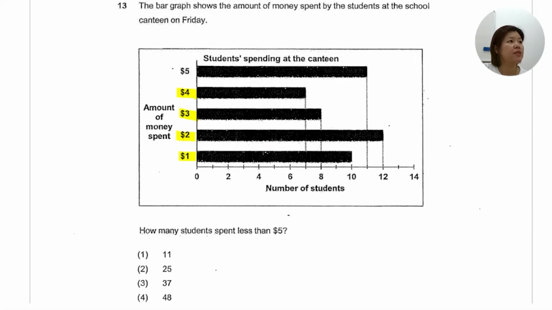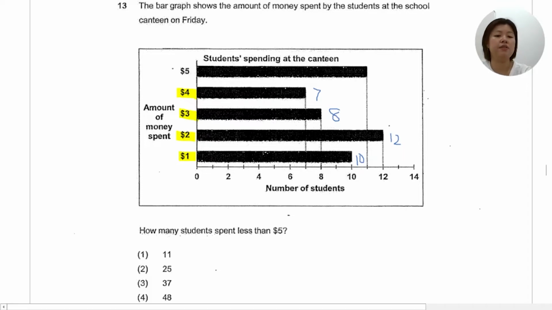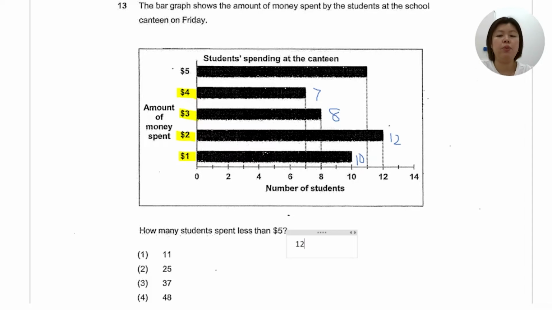So from here you can see that $4 is 7 students, $3 is 8, $2 is 12, and $1 is 10. So you can add them. 12 plus 10 plus 7 plus 8 equal 37.